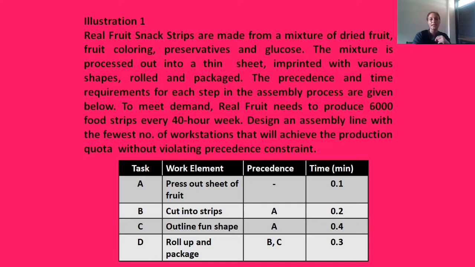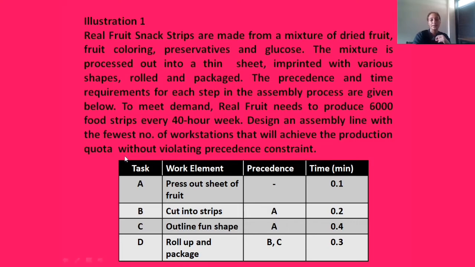The precedence and time requirement for each step in the assembly process are given below. To meet demand, Real Fruit needs to produce 6,000 fruit strips every 40-hour week. Design an assembly line with the fewest number of workstations that will achieve the production quota without violating precedence constraints.